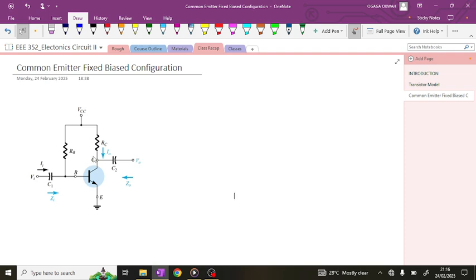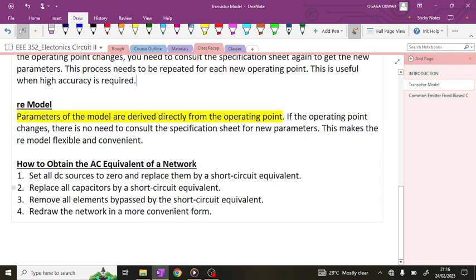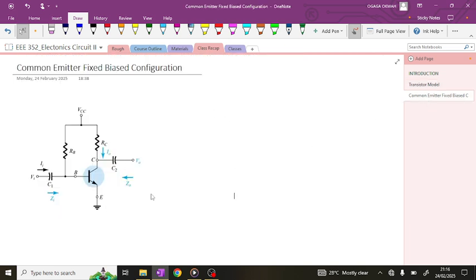We are working with the RE model because it's more flexible and convenient to work with. While I state this point in the next video, we are going to apply it here to draw the RE model of this circuit. Note that it's a common emitter fixed bias configuration.